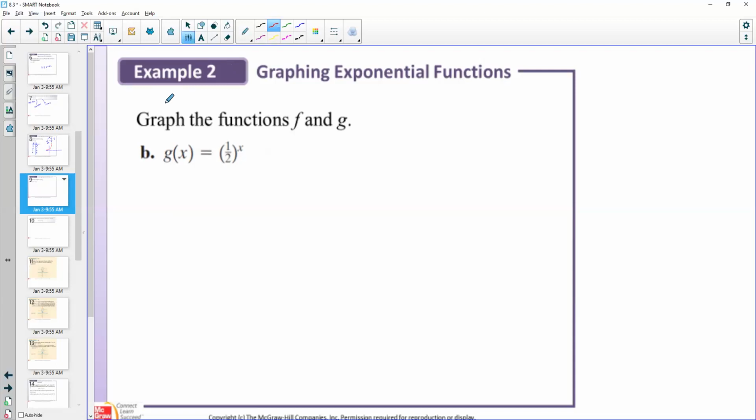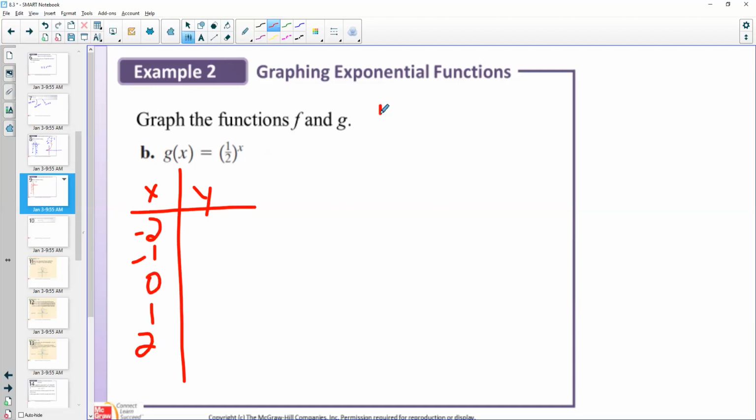Let's try this one, though. This is (1/2)^x. This is just slightly different than what we just did, but we're going to make the same kind of chart. So if we do 1/2 to the negative 2, that flips the fraction. That makes it 2 squared, which is 4. 1/2 to the negative 1 flips it and makes it 2 to the first, so 2.